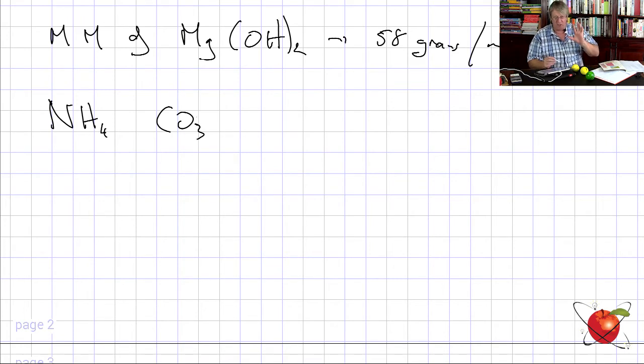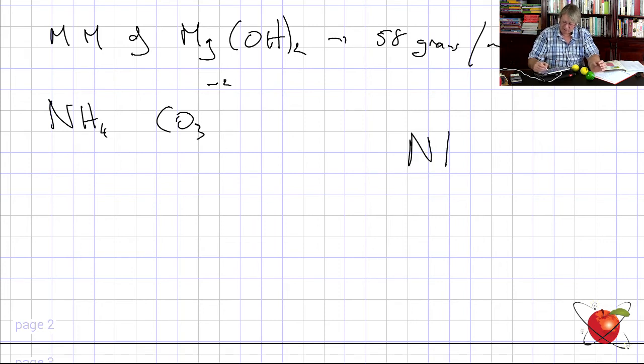They've told us in words, so we now need to balance this out with these small numbers at the bottom, the subscript numbers. So what do we always go to? The valencies. The valency of this carbonate ion is -2. The valency of NH4, remember NH3 was uncharged.